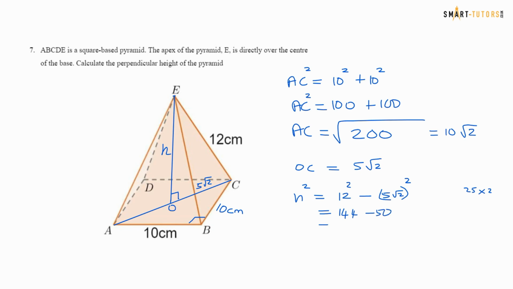So 144 take away 50 is 94. So H equals the square root of 94. They didn't ask what format they wanted. Let me press the calculator. The square root of 94 is 9.695, so 9.70 to 2 decimal places. That is the answer for question number 7.